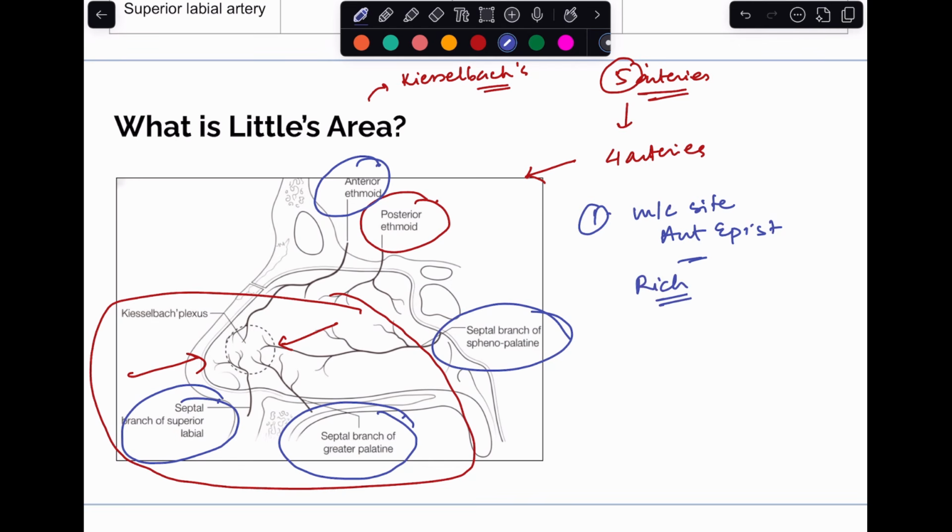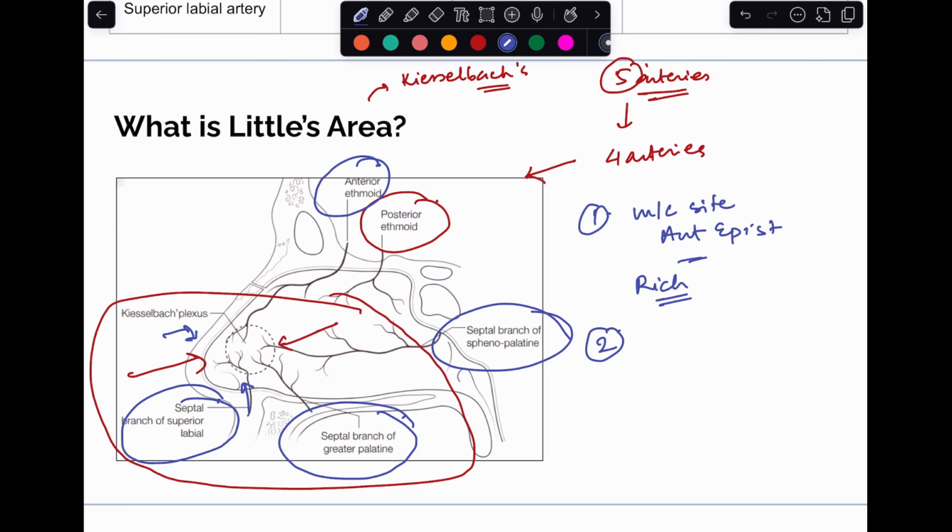And because the region is located so close to the vestibule, it's also very susceptible to injuries through digital trauma. So you'll see in a lot of children, actually even in adults for that matter, a lot of nose picking can happen. And nose picking in this particular area can lead to involvement of the Little's area, this anastomotic area, leading to epistaxis.